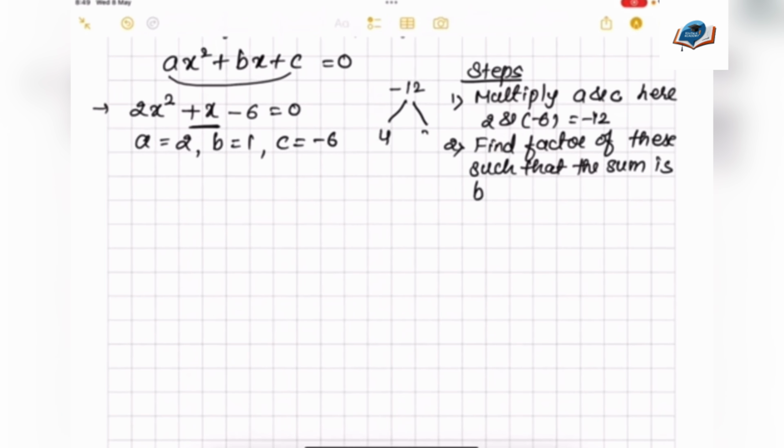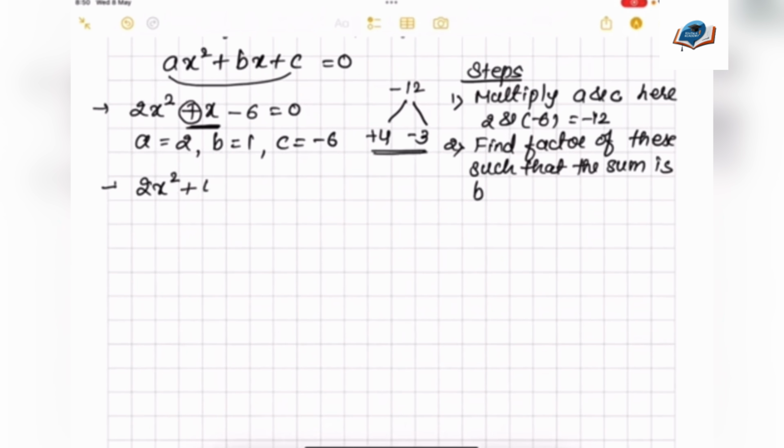So I am taking that and now I am solving it. Using these values, 2x square plus 4x. See, the first term we have to keep as it is. Now plus 4 is there, so I am putting plus 4x minus 3x minus 6 equal to 0.